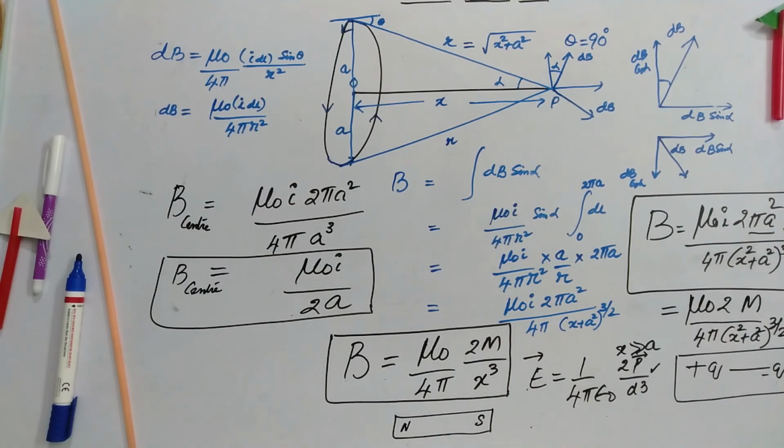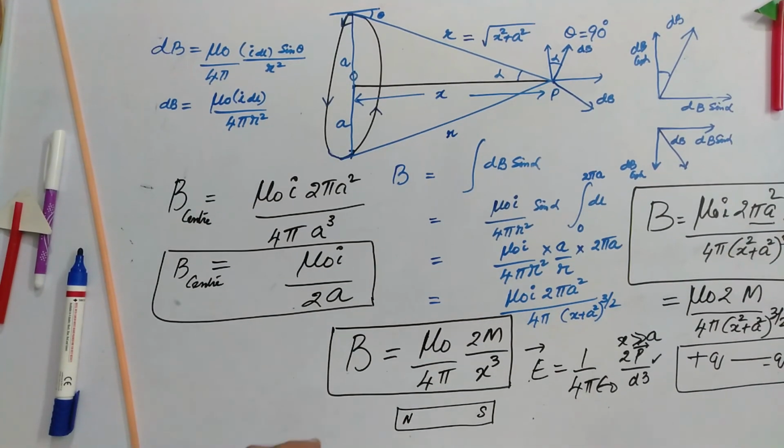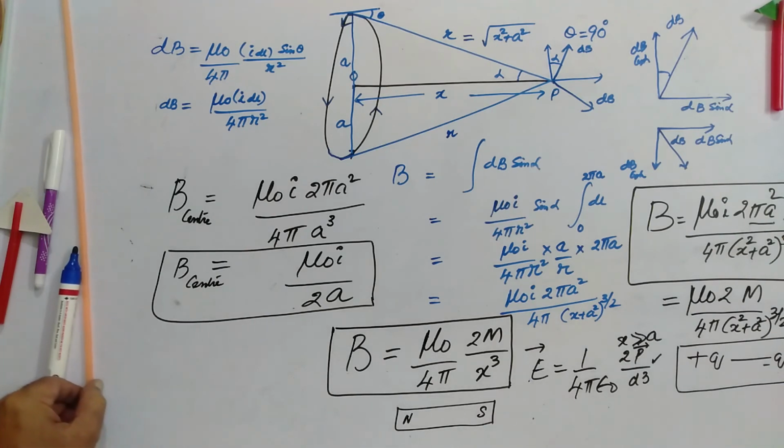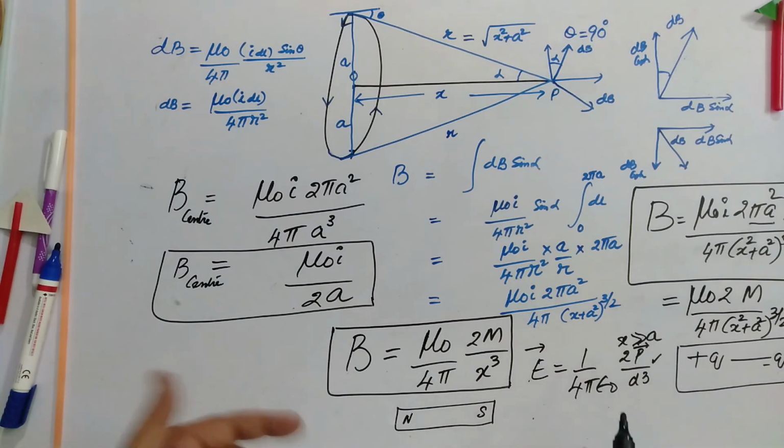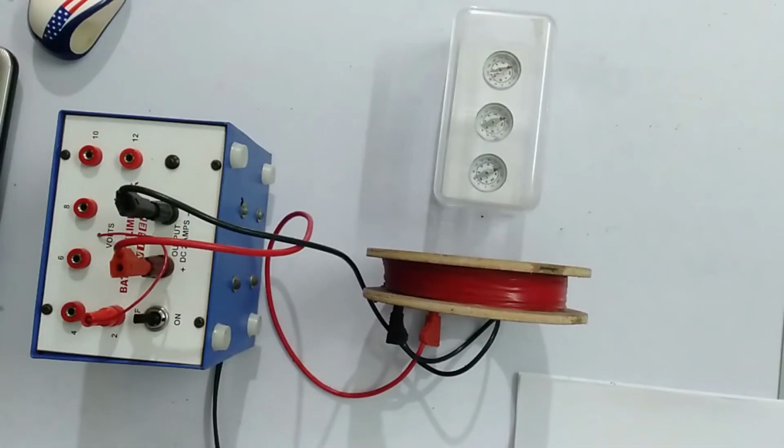Therefore, this bar magnet can be considered a magnetic dipole. We will make use of this result later also to show that a device called a solenoid is an equivalent of a bar magnet. So this is a very important derivation.